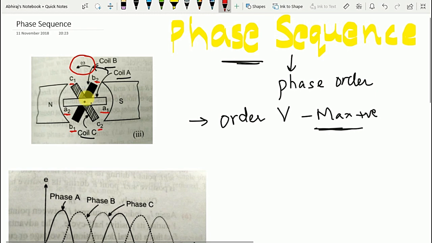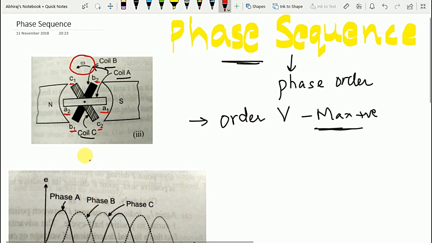The EMF in coil B will be 120 degrees behind that of coil A, and the EMF in coil C will be 240 degrees behind that of coil A.